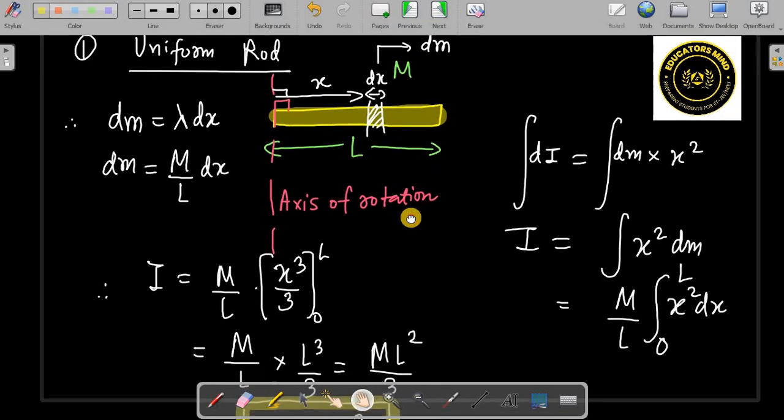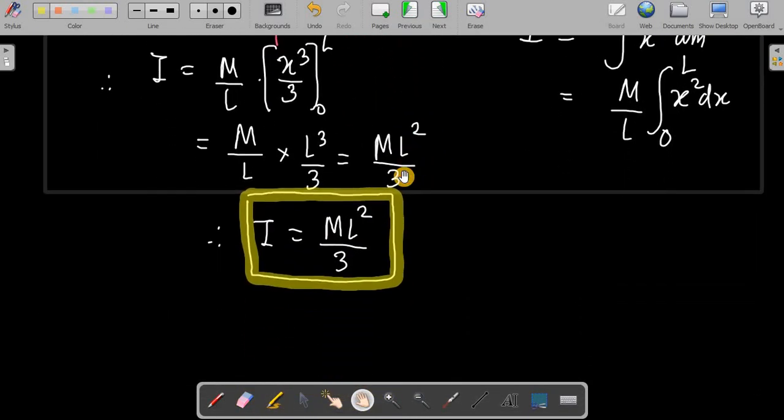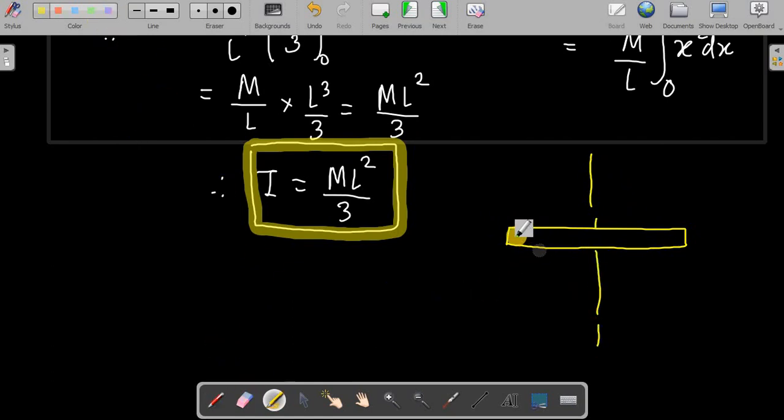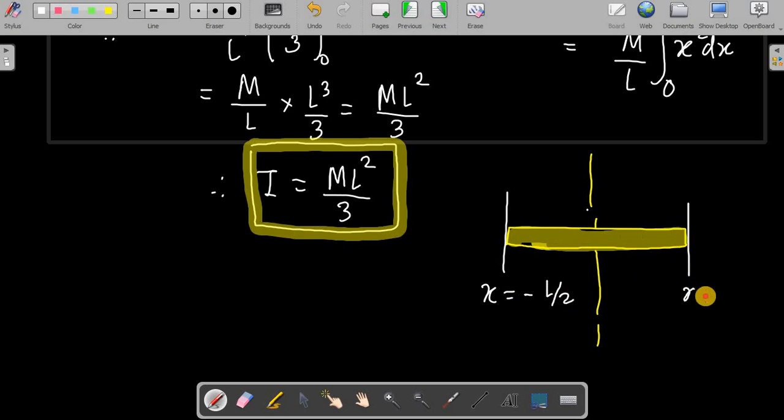What will happen if you take the axis at the midpoint? Suppose this rod is rotating about the midpoint. In the same manner you can do the integration, but the only thing is you have to change the limits, because the minimum distance and maximum distance will be like this. So you can consider this x as minus L by 2 and this x as plus L by 2.